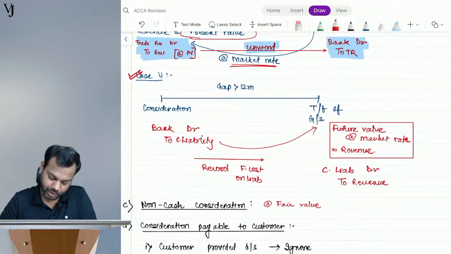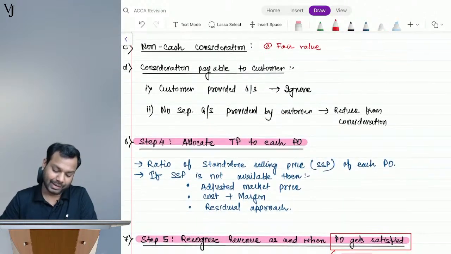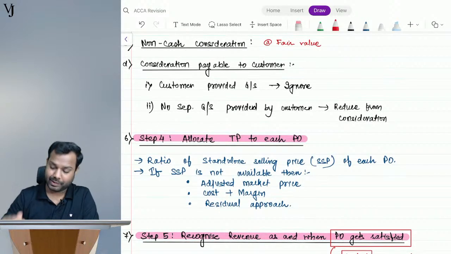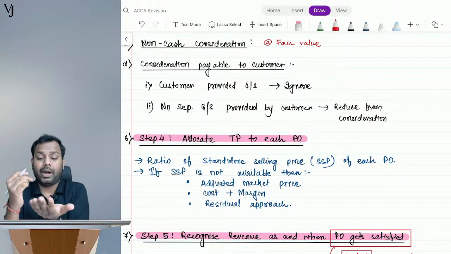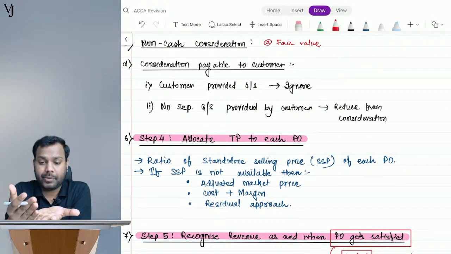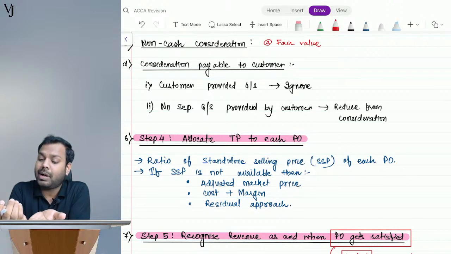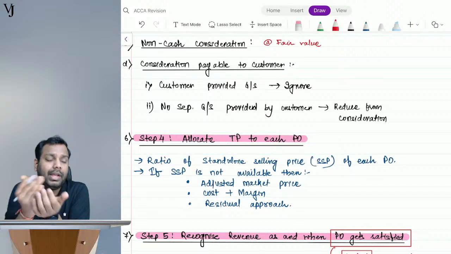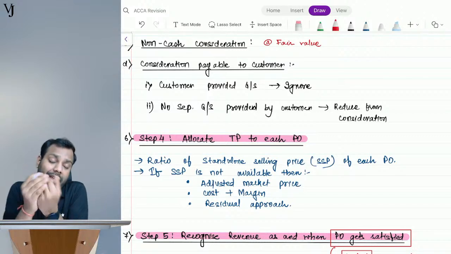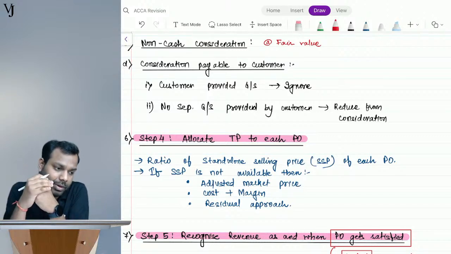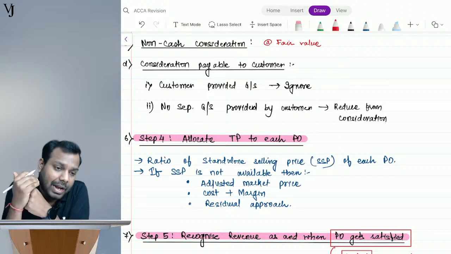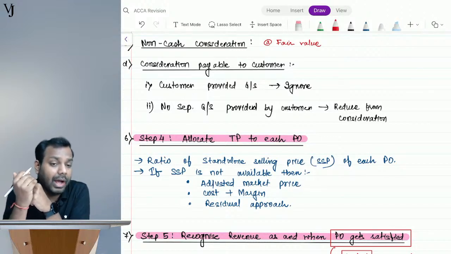Okay, fair enough. Now coming to the non-cash consideration. Understand, guys. I delivered the goods or services to the customer, and the customer, rather than paying me the money, gave me certain other goods or services. The question is how will I value the transaction price in this case?